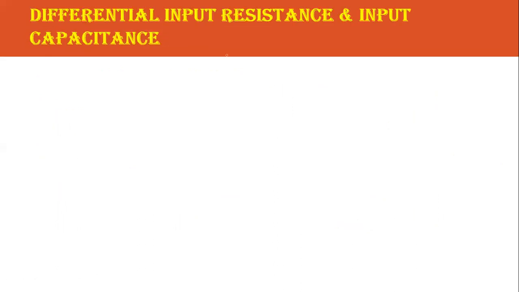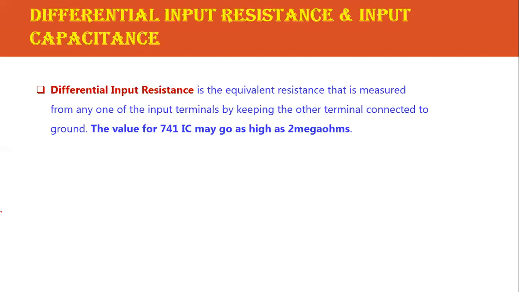Next one is differential input resistance and input capacitance. Differential input resistance is nothing but input resistance. Since the op-amp or IC is used in differential mode and suppresses the common mode, we represent this input resistance as differential input resistance.